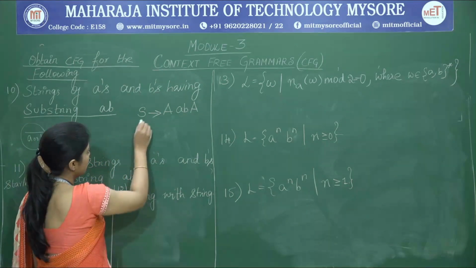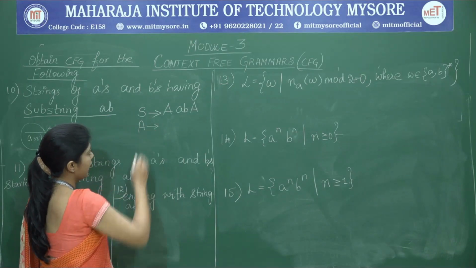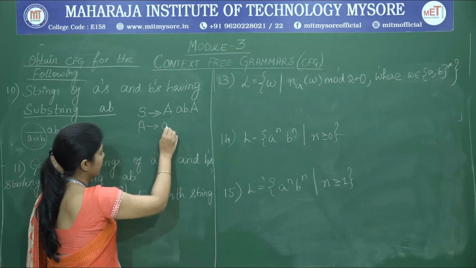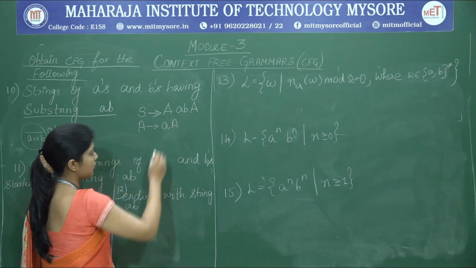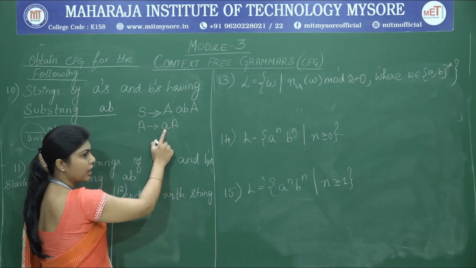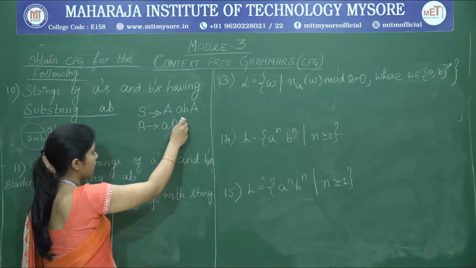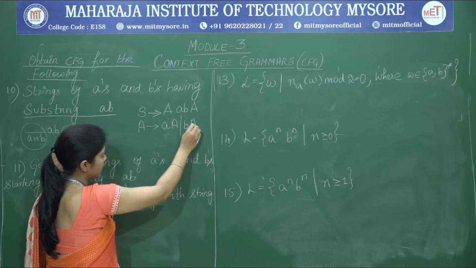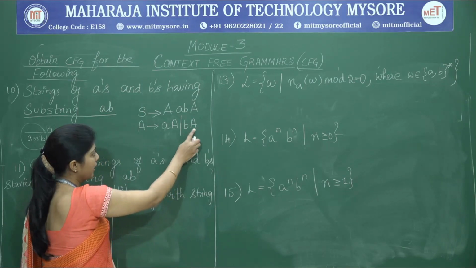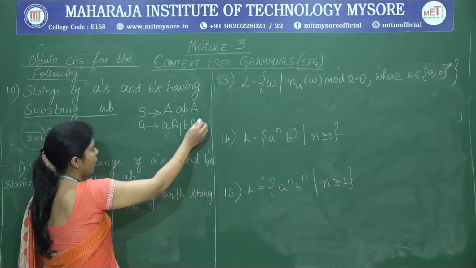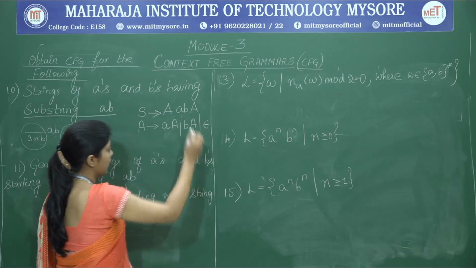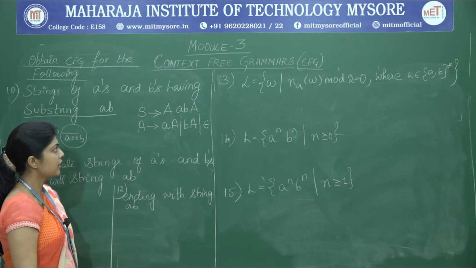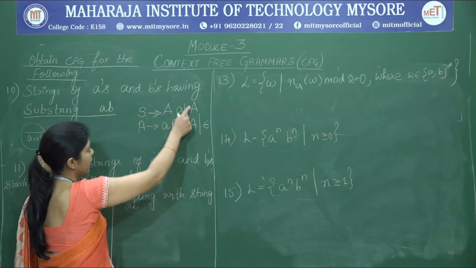So this variable, that is nothing but the A, can either be any number of A's. So this is recursively generating any number of A's, or it can be any number of B's. So it is generating many number of B's here, or it could just be a epsilon. So the minimum string that we may have from this is just the string AB.